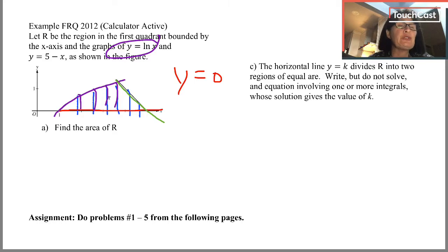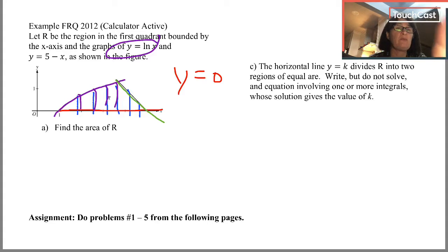I can try to break this picture up so that I find multiple areas which I can add together. And when I stop and find one smaller area, I need to have the same top curve and the same bottom curve for the whole part of that graph. Or I could imagine rewriting this in terms of y. So let me break this up first.